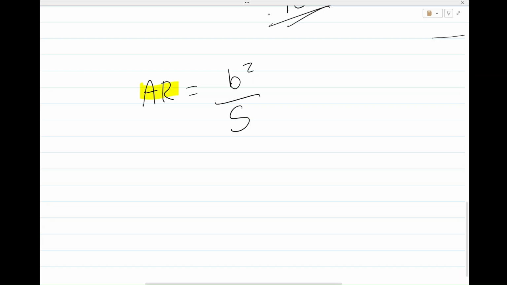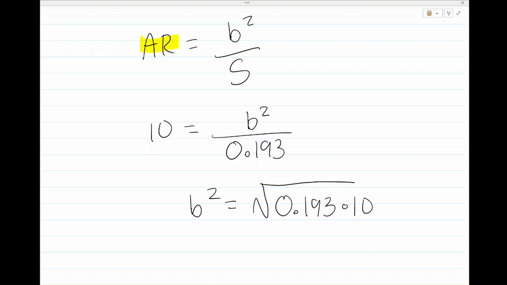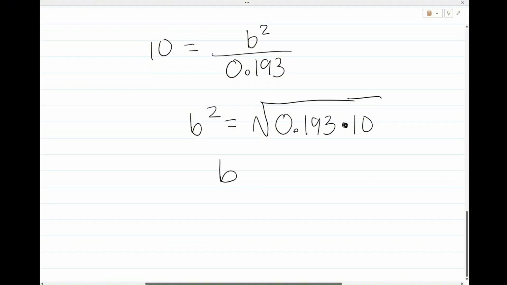I just decided that I want my aspect ratio to be 10, and I already decided that my wing area was 193 meters squared. Now we can solve for b squared. B squared equals the square root of these two numbers. That's a multiplication sign. That's not b squared. That's just b.